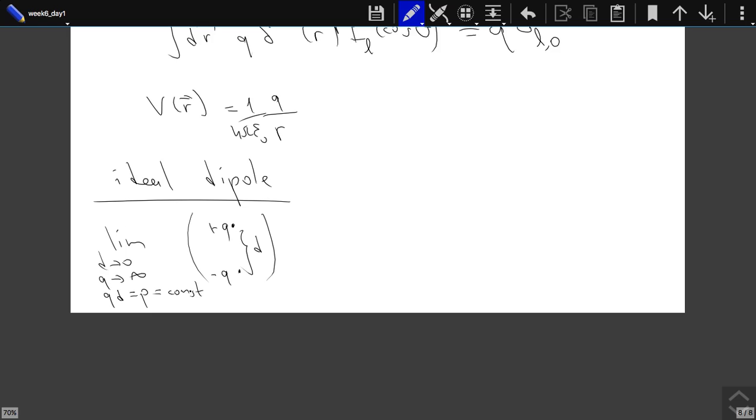So a real dipole would have a finite size. Atoms, for example, will have a dipole and a finite size. But for idealization, if you cannot really measure the size of the atom, you can treat the atom as what we call an ideal dipole. It has almost zero size, or a size that you cannot measure, but nevertheless it has a finite dipole moment.